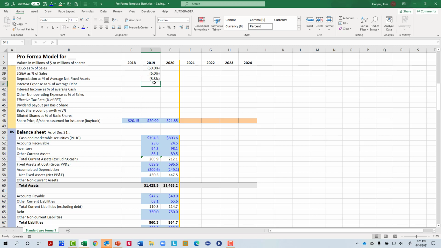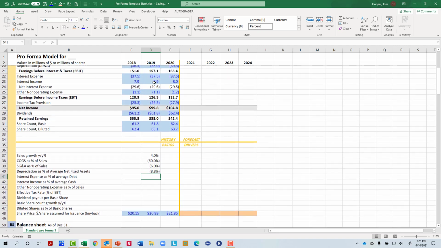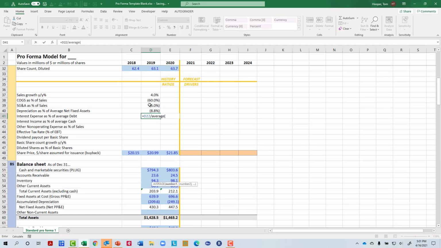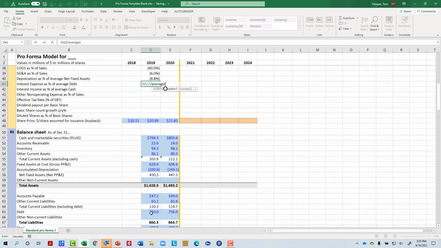Now interest we're going to do about the same. So if we paid some interest expense, it stands to reason that that amount divided by the debt, in our case the average debt, that caused us to have to pay that interest expense, should give us our cost of borrowing. So about a 5% cost of debt for us.